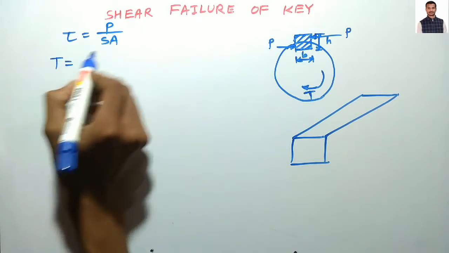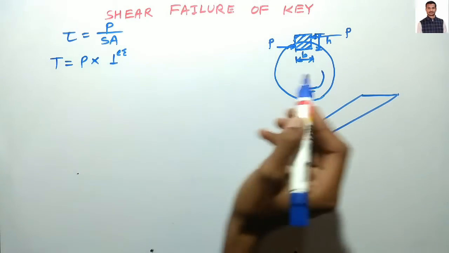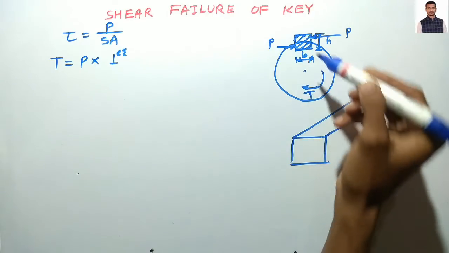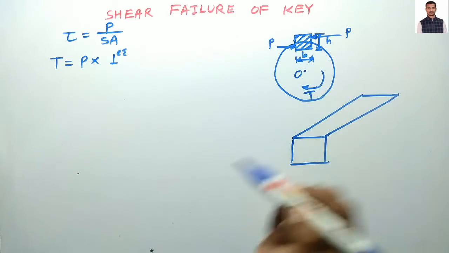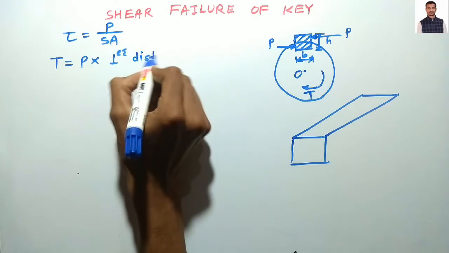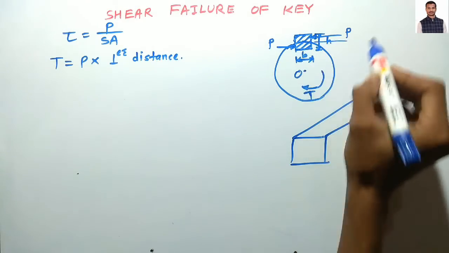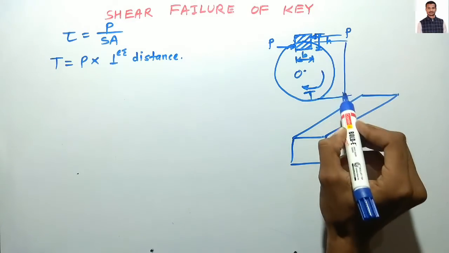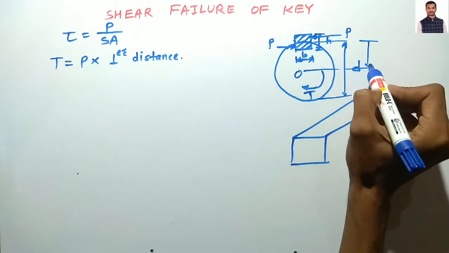Now we know that torque is equal to force into perpendicular distance of this force from center of shaft O. So what is the perpendicular distance? If this is the diameter of shaft, then the perpendicular distance is d by 2.